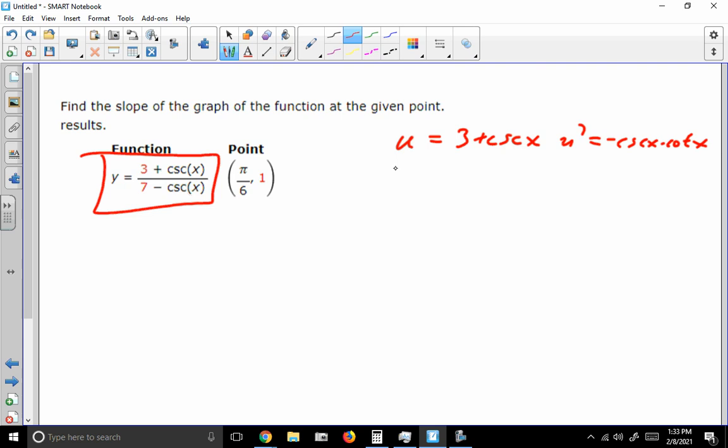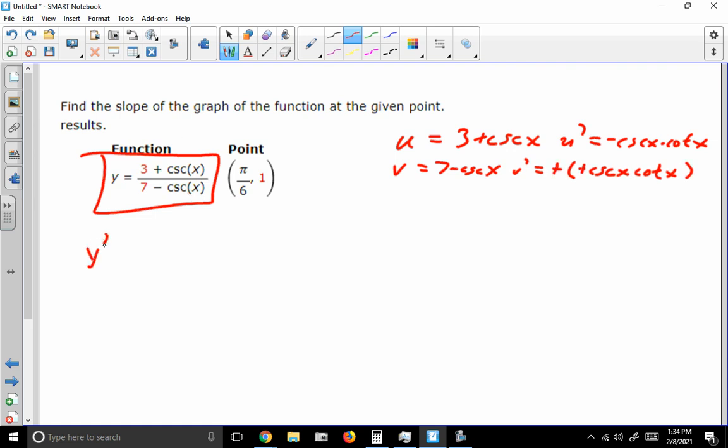The bottom is v, so 7 minus cosecant x, so v prime is 0 minus, and the derivative of cosecant is minus cosecant cotangent. Two negatives make that a positive.